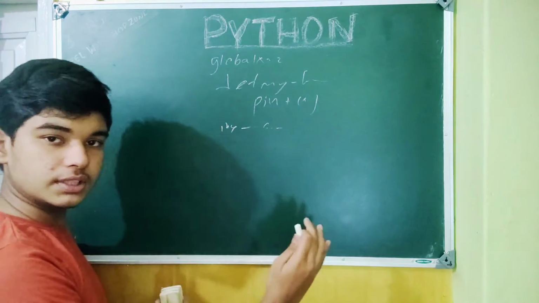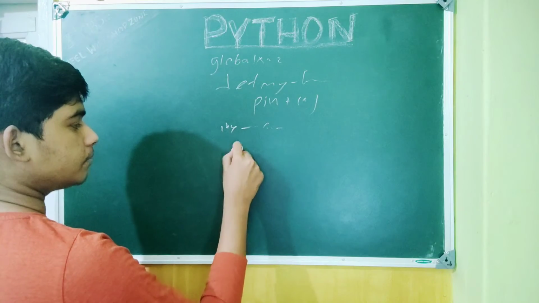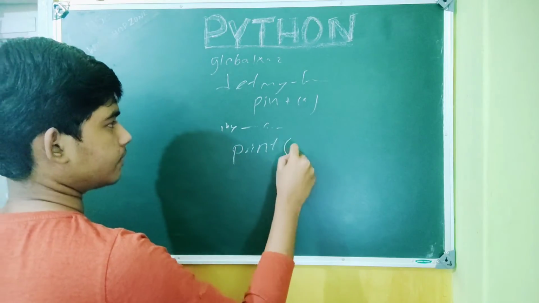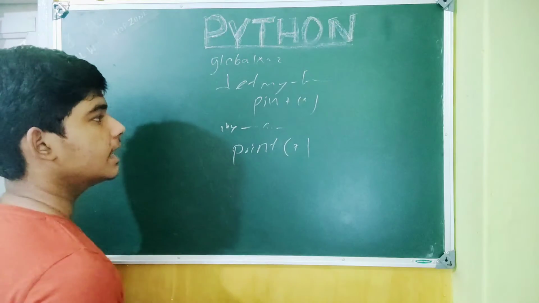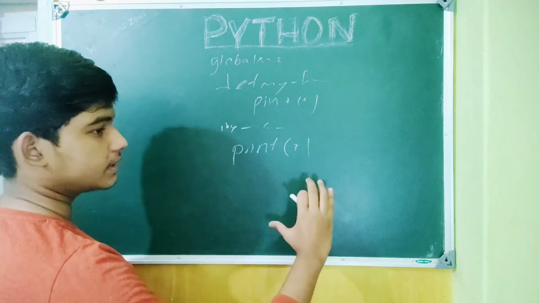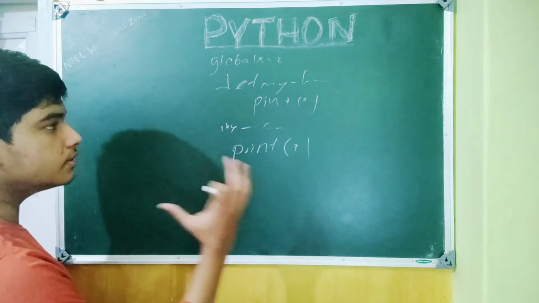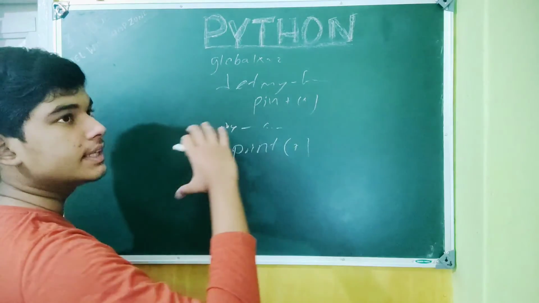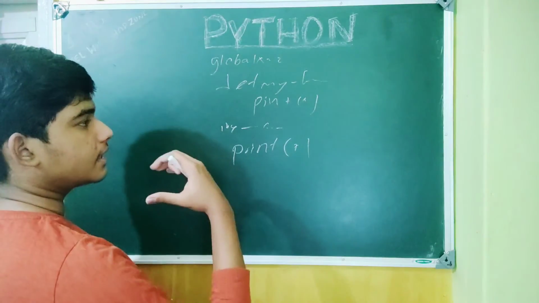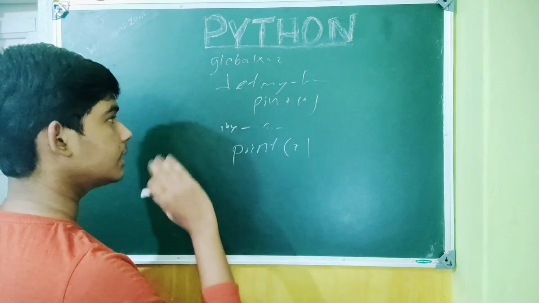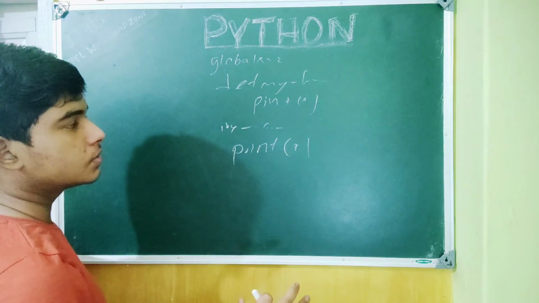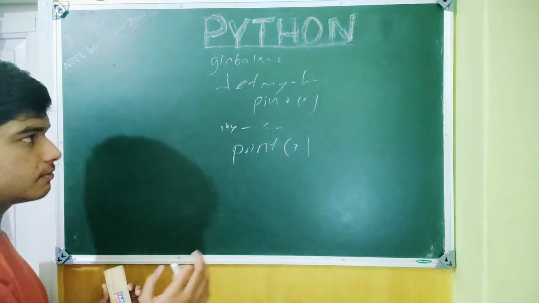And after closing the function, you write another one, print x. So we asked the program to print x twice, one inside the function and one outside the function. So it will print it once inside the function and once outside the function. So that is how the keyword global works.